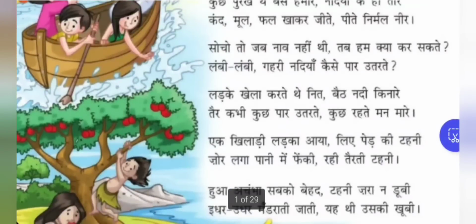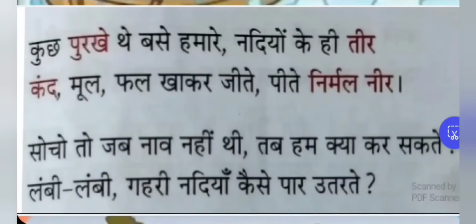सोचो तो जब नाव नहीं थी तब हम क्या कर सकते, लंबी लंबी गहरी नदियाँ कैसे पार उतरते. So have you ever thought, when the boat was not there, what we would have done? How we would have crossed the long and deep rivers? Lambi means long, gehari means deep.